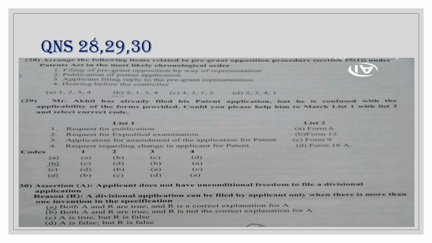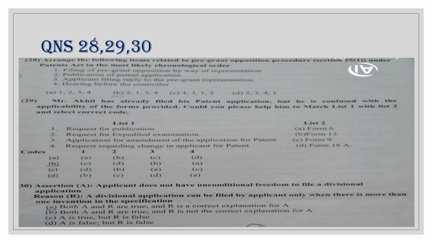And the next one from list 1 is 3. Application for amendment of the application for patent should go with B, that is form 13. And the last one, request regarding change in applicant for patent, should go with A of list 2, that is form 6. Fine. So just go through all the forms and the titles, and this question will be very much clear.